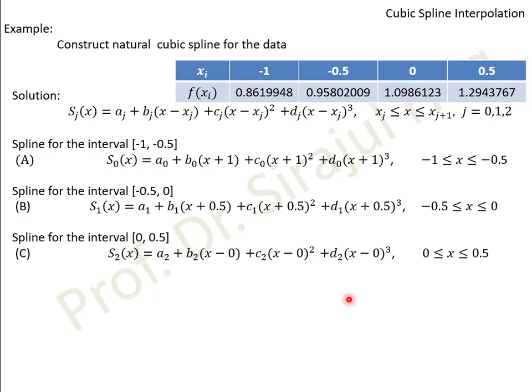But this time the value of n is equal to 3, so I need just four unknowns, c0, c1, c2 and c3. From where will c3 come? If I define a spline between 0.5 and the point which is not known, I can say that will be S3, and when that is S3, so x minus 0.5.